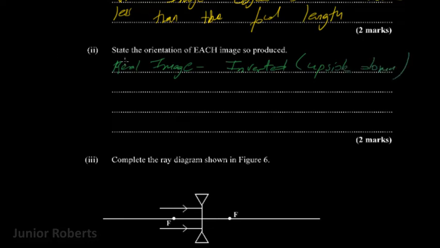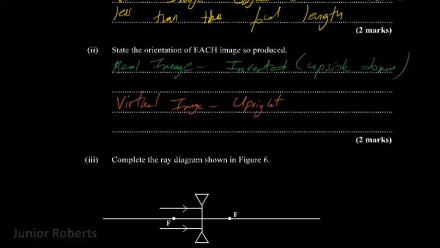And then for our virtual image, this is upright. So the real image is upside down, and the virtual image will be upright.